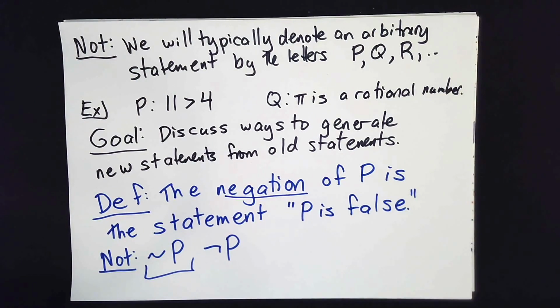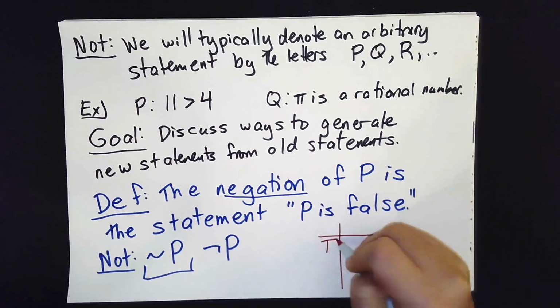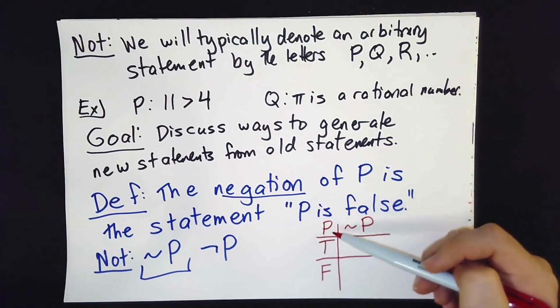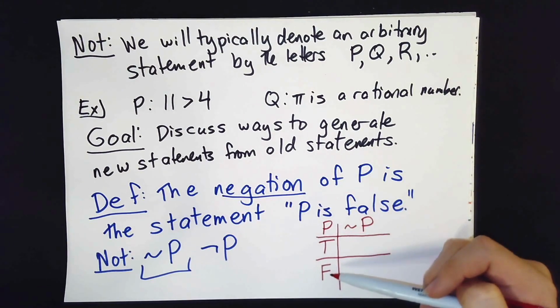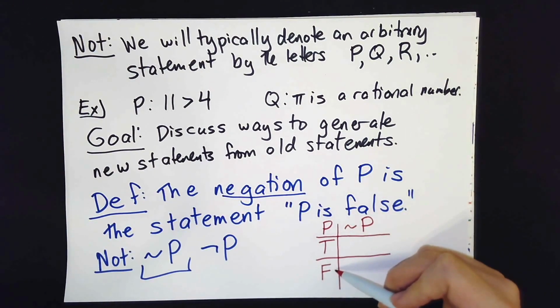So the way we'll describe each of these new ways of making statements is to say what they do in terms of whether the original statement was true or false. So I'm going to make this thing called a truth table, and it's going to look like this. In the first column, I'm going to tell you what P is. Namely, is P true or is P false?